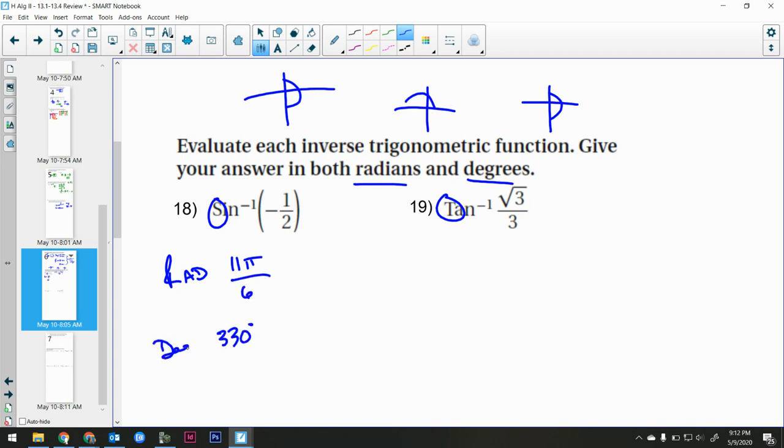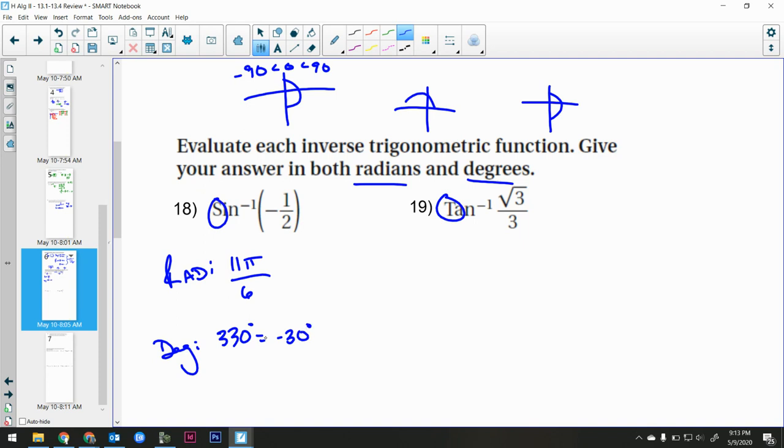Now, I'm not going to box that answer, because remember that the sine restriction is negative 90 to positive 90. That is not within negative 90 to positive 90. I have to think about what is the coterminal angle that exists with 330 that fits within that domain. Well, 330 degrees would be negative 30 degrees.